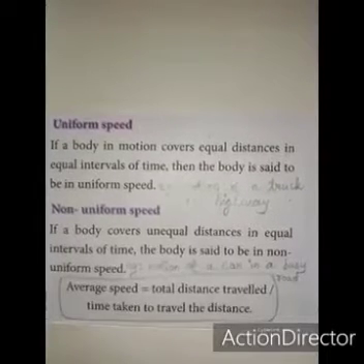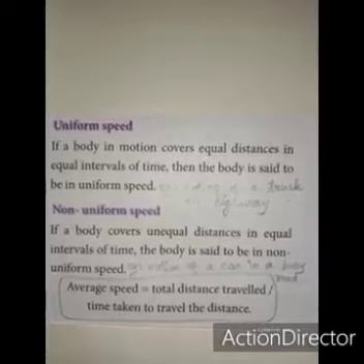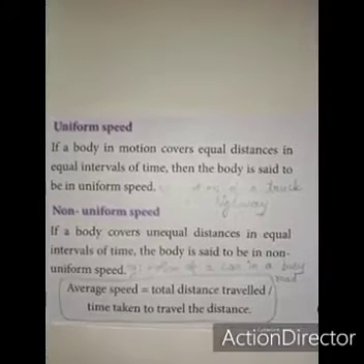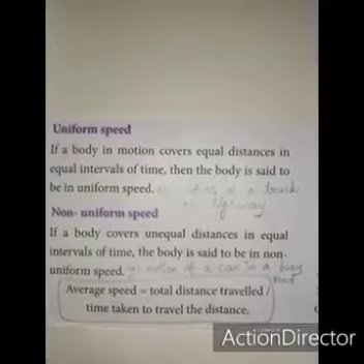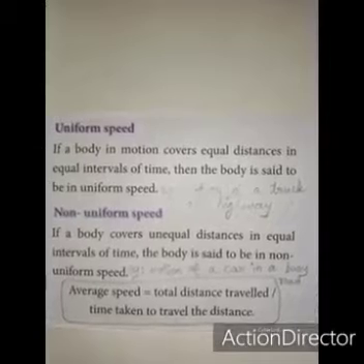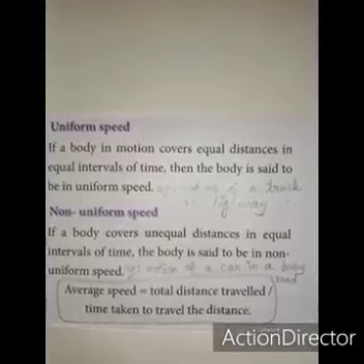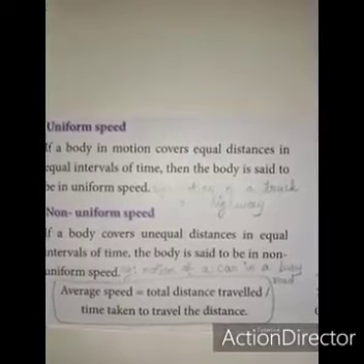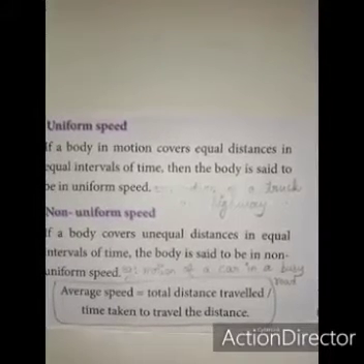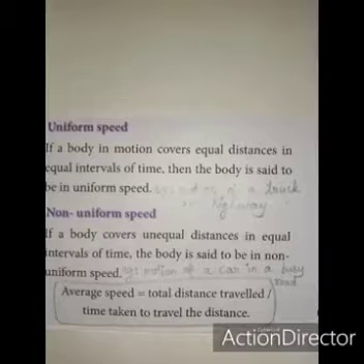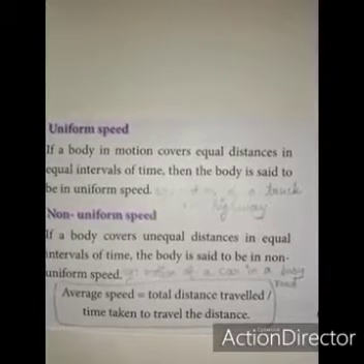So, a car cannot move with constant speed on a busy road. In this case, the body is said to be in non-uniform motion or non-uniform speed. In order to calculate its speed, we need to find the average. Average speed equal to total distance travelled by time taken to travel the distance.